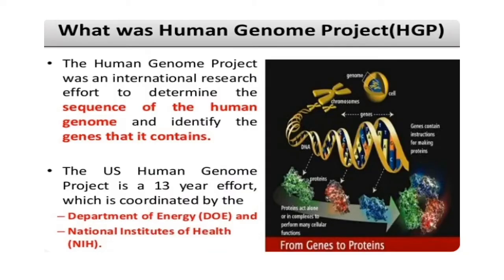What was the Human Genome Project? The Human Genome Project was an international research effort to determine the sequence of the human genome and identify the genes that it contains. The U.S. Human Genome Project was a 13-year effort coordinated by the Department of Energy, or DOE, and the National Institutes of Health.